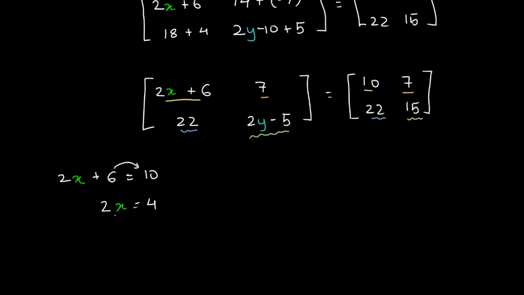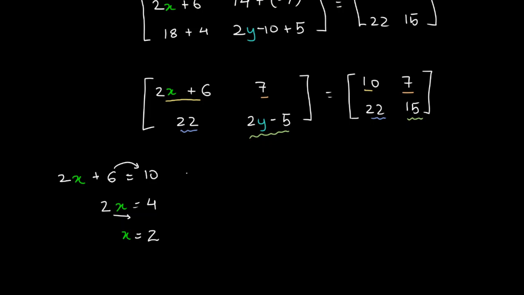The multiplication by 2 here, take it to the other side, becomes division, so I have x equal to 4 by 2, which is 2. So I have the value for x over here.